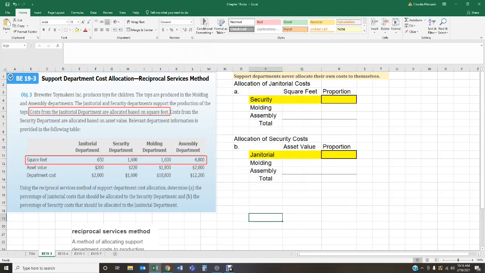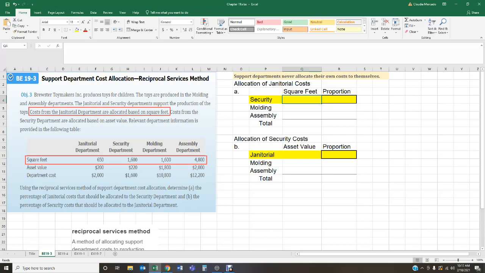We're going to look at the square feet for security, molding, and assembly. Because we are distributing the cost of the janitorial department, we are not including their costs in the equation. We're only calculating for security, molding, and assembly. Okay? So, for security, we're going to look at the square feet.